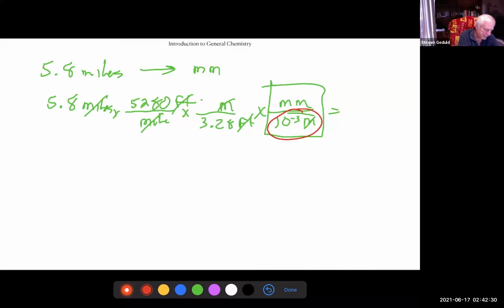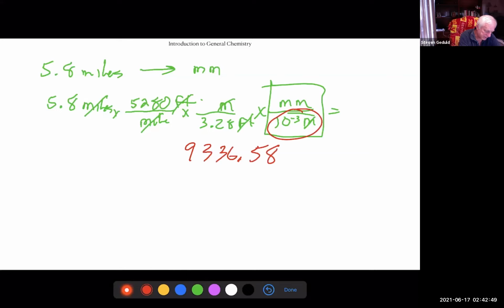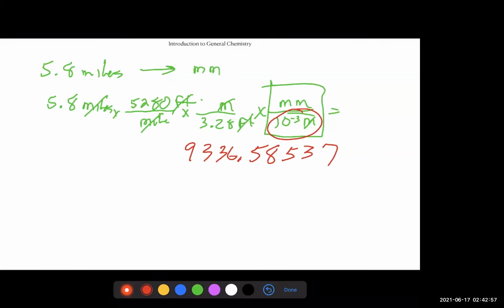So 5.8 times 5,280 divided by 3.28 equals 9,336.58537. Okay. And that is millimeters.